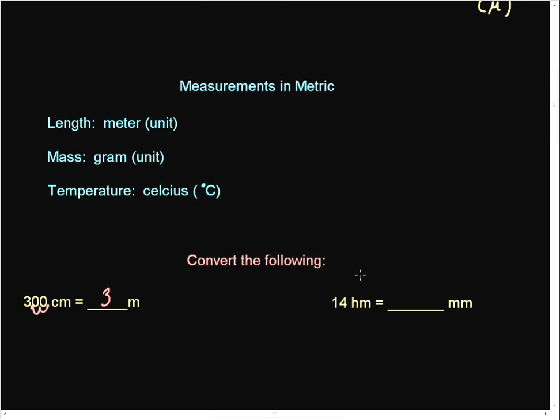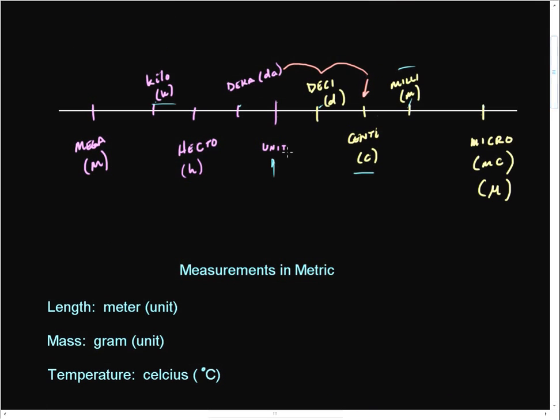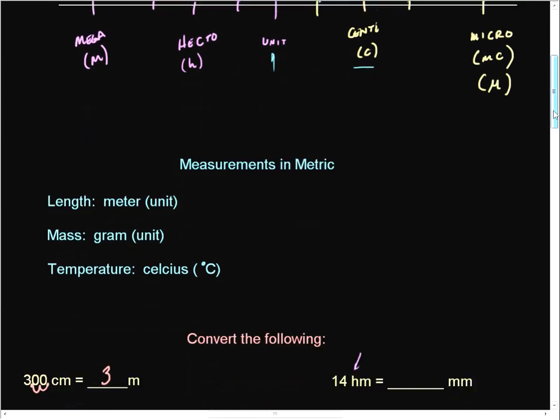So for the second one here, we have 14 hectometers. And so we're starting at hectometers, and we're going to go to millimeters. Oh, okay, well, if we start here at hectometers, then we have to go 1, 2, 3, 4, 5. We're going to move the decimal 5 places to the right.